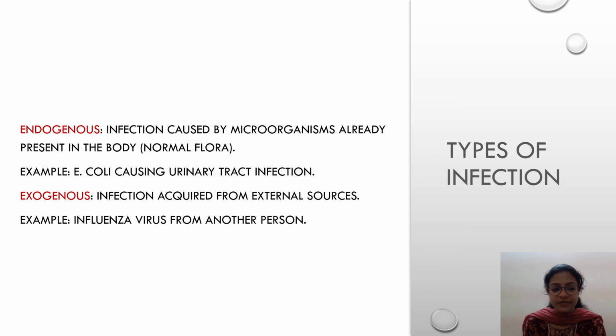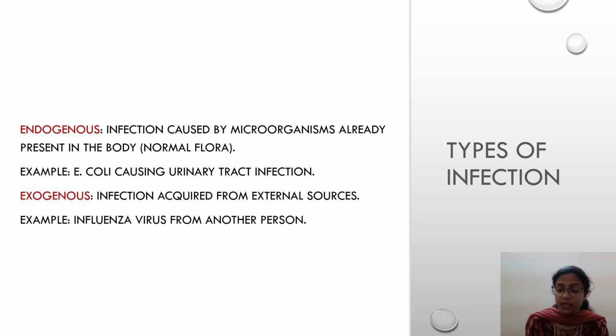So, types of infection. Infections can be broadly classified into two types, that is endogenous and exogenous. First, endogenous infections are caused by microorganisms that are already present inside our body, usually as part of our normal flora.